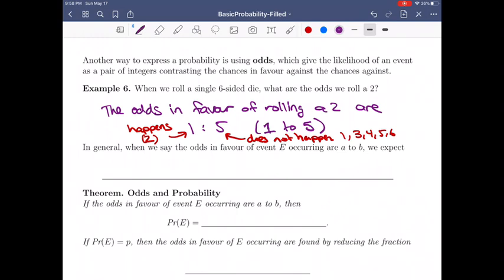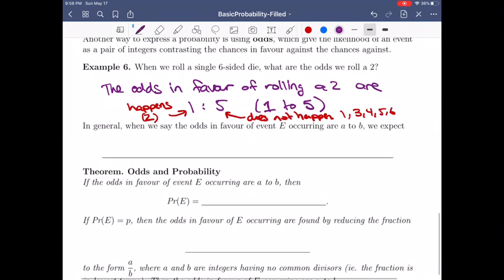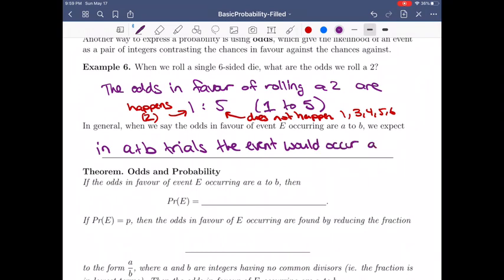In general, when we say the odds in favor of event E occurring are A to B, what we expect is that in A plus B trials, the event would occur A times and fail to occur B times. So that's sort of what we're thinking.